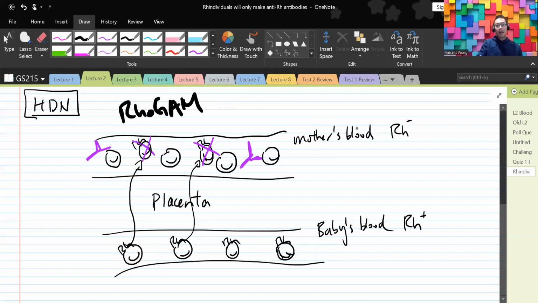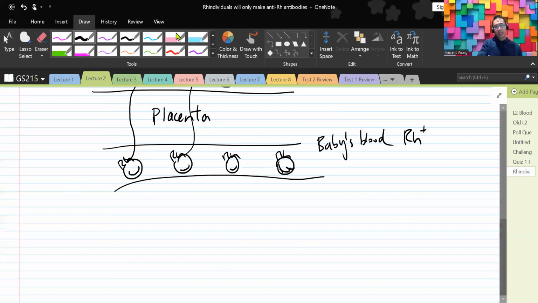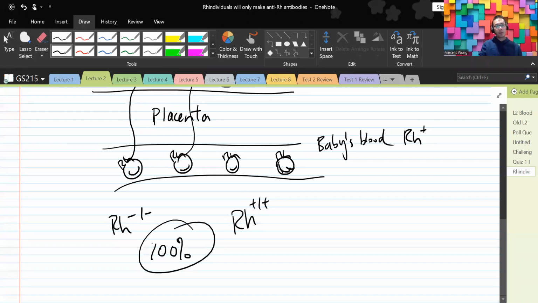Now, I hear what you're saying. If the mother is negative, there's only one way to be negative. But if the father is positive, then in this case, 100% guaranteed their baby will be positive, and the RhoGAM is definitely necessary. But if the father is heterozygous, then it's only a 50% chance that the baby is positive.